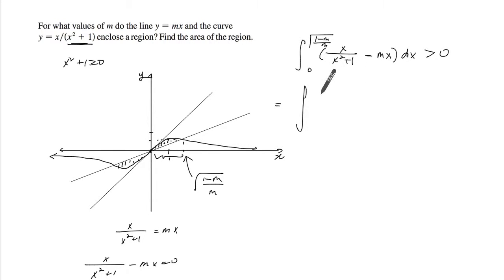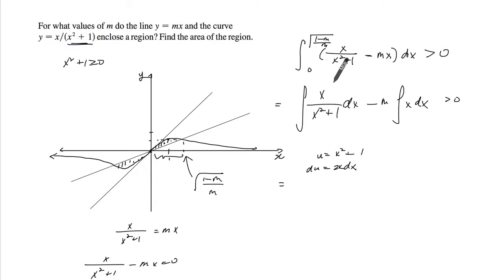Separate this into two separate integrals, x over x squared plus 1 and mx. We want this to be positive. I'm just going to omit the integral limits from 0 to this m expression. Here, if you let u equal x squared plus 1, you get du is equal to 2x dx.